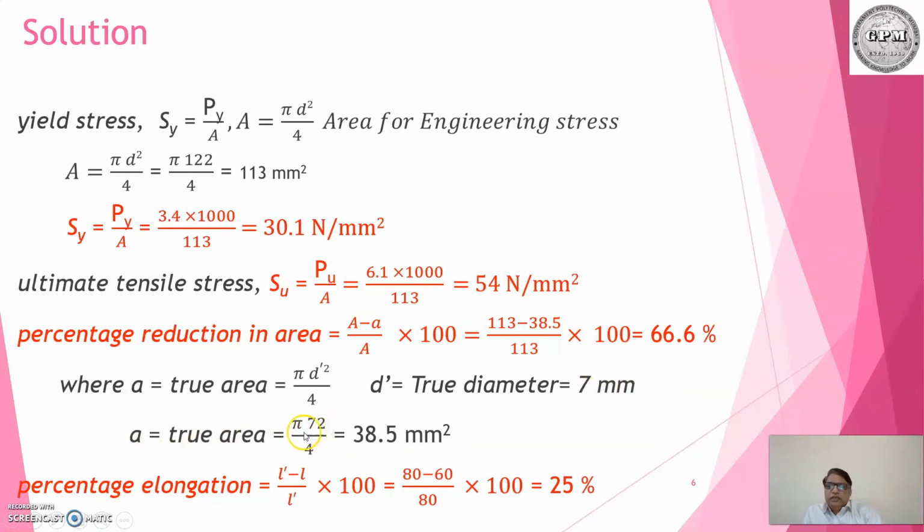It's not 72, it is 7 square, equal to 38.5 mm square. So the percentage of elongation, you can get it is equal to 25%.